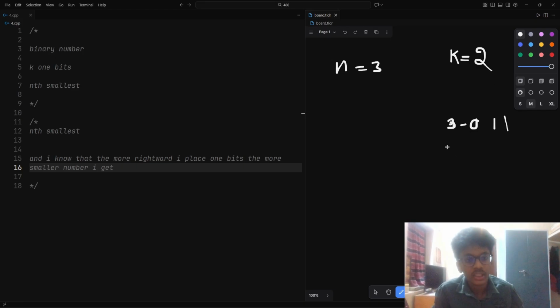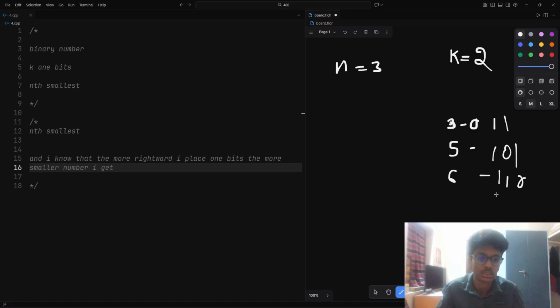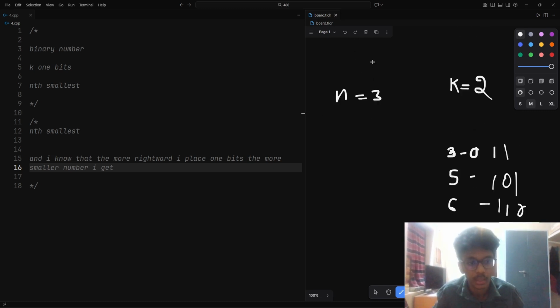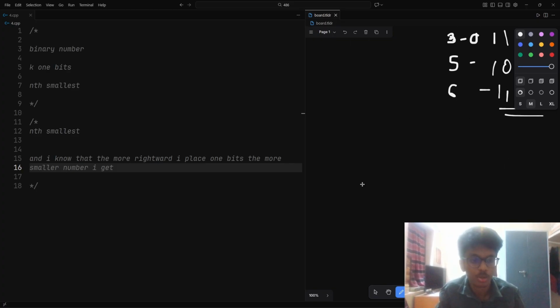Now, how can I reach the third smallest? 5 and 6, right? 6 is 110, this is 101. So 3, 5 and 6. That means 6 should be my answer. The rightmost 2 set bits would give me the smallest.